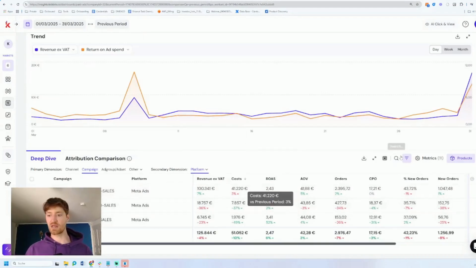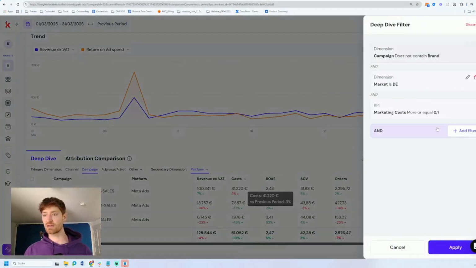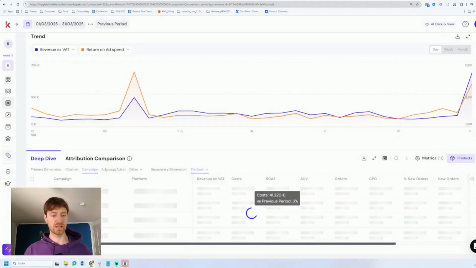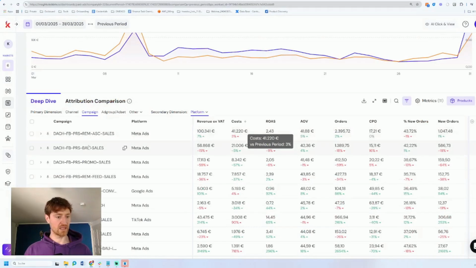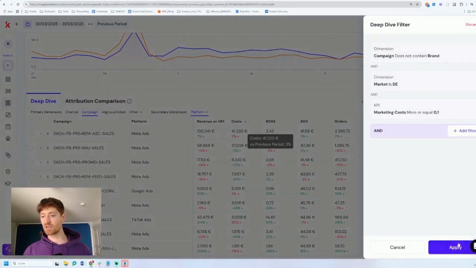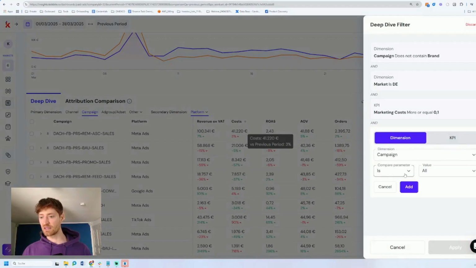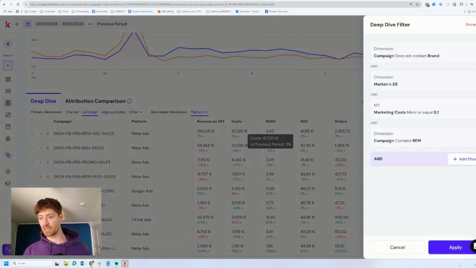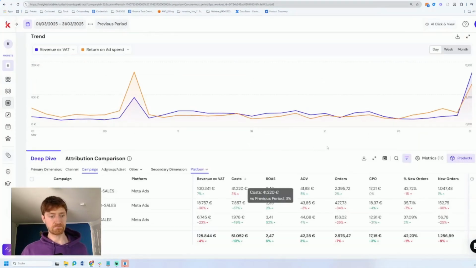Yes, we see remarketing. Maybe we go and take this filter out completely to check how many campaigns there are available, to have a quick glance if the filter is also correct. That looks great. So let's build the filter again. Contains REM, apply.